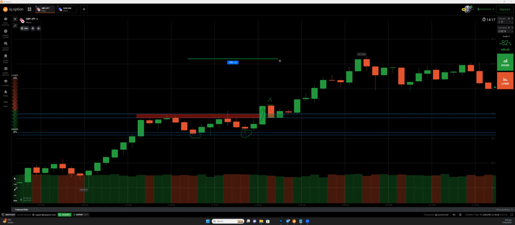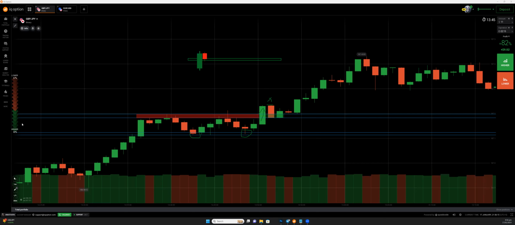For example, there is a resistance level. One opportunity you will get when this resistance level is broken: the next candle you expected would be a green candle. But what happened? It is a red candle. Which opportunity did you get immediately here? The resistance becomes support.